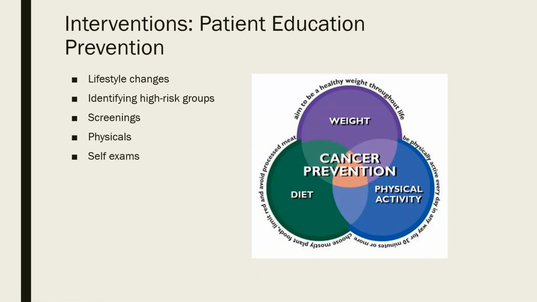So interventions, patient education, prevention. A lot of times lifestyle changes can make a difference. We need to be able to identify high-risk groups. There are screenings. They need to make sure that people go for their annual physicals and do self-exams, whether it's testicular or breast. Primary avoidance of known potential carcinogens.